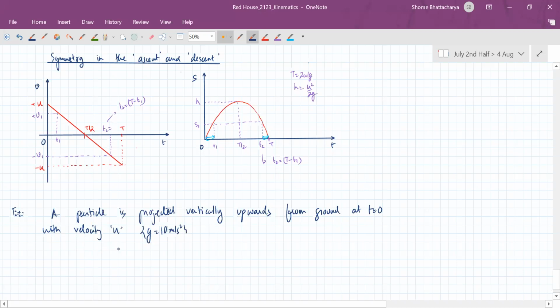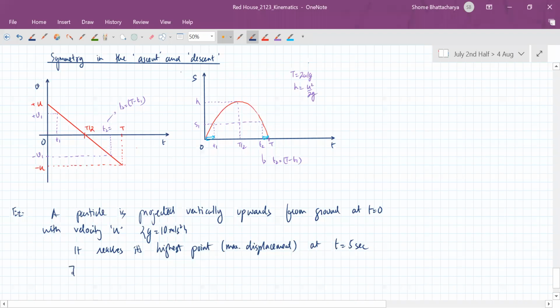It reaches its highest point, or you can say maximum displacement, at t equal to 5 seconds.